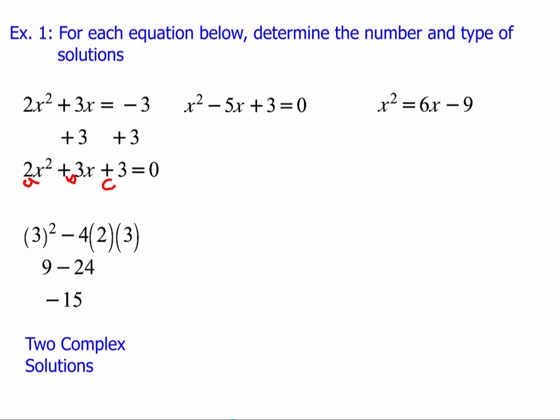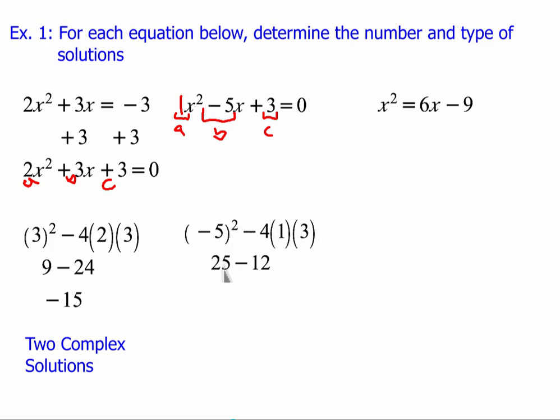For this next one, it's already in standard form, so I can just jump right to my discriminant. There's a 1 here that I'm not writing, that's my A. This negative 5 is B, and this 3 is C. If I plug these into the discriminant, I've got negative 5 squared minus 4 times 1 times 3.